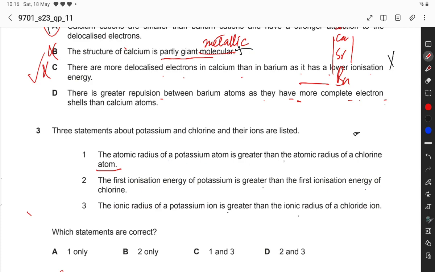Atomic radius decreases across the period. So that's why the atomic radius of potassium atom is greater than the atomic radius of chlorine atom.